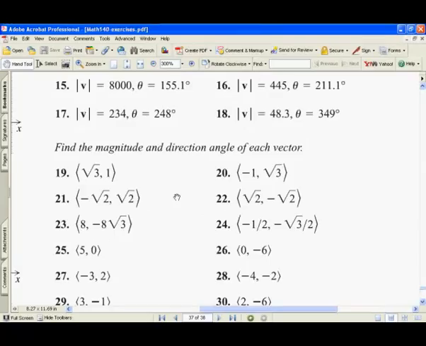Now let's look at page 611. We have problem 20. We need to find the magnitude and the direction angle of this vector. Our vector is -1 and the root of 3.